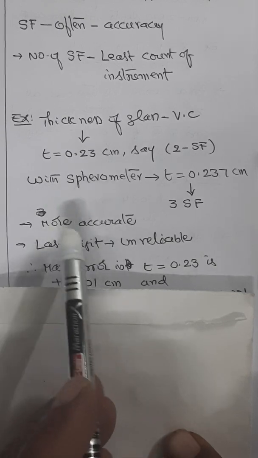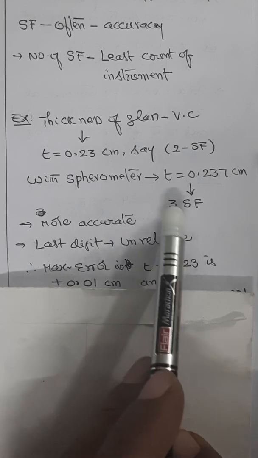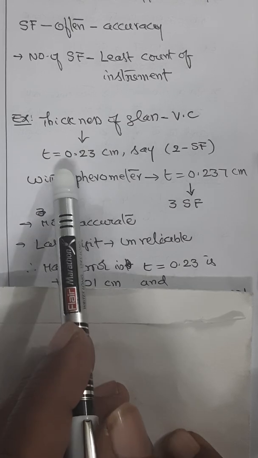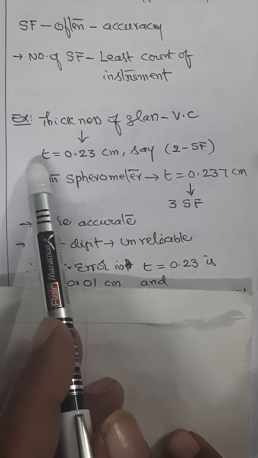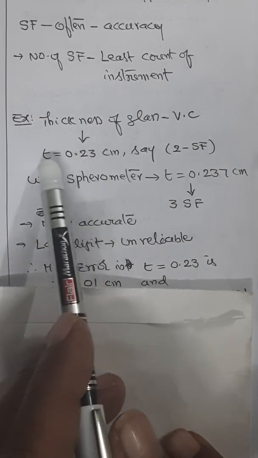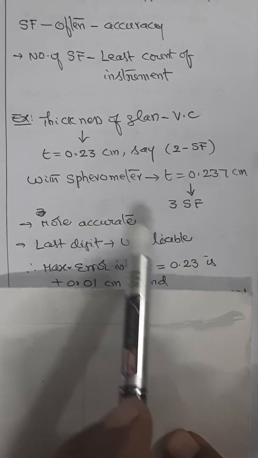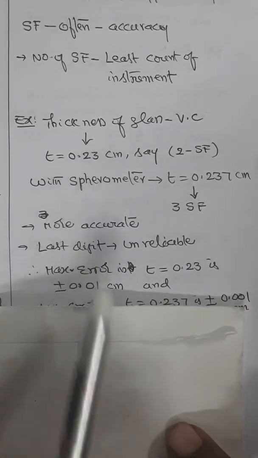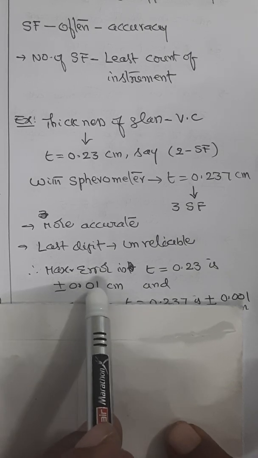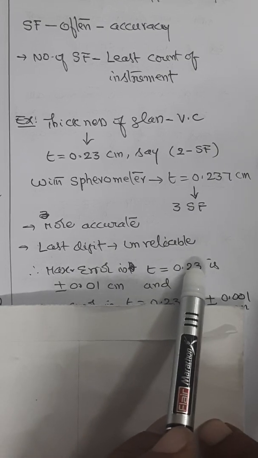Suppose you take the last digit as the unreliable digit in both cases. If you calculate the maximum error, for example, for thickness equal to 0.23, if the last digit is taken as unreliable, then the maximum error could be plus or minus 0.01 centimeters, because you are taking error in the last digit.